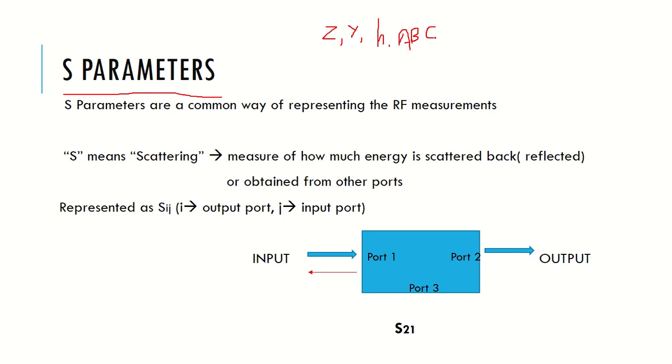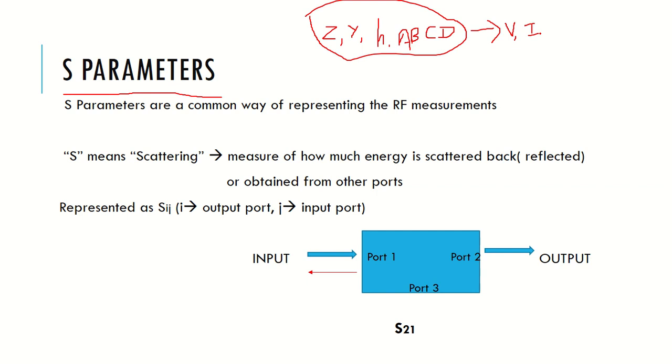Yes. We have studied the ABCD parameters. But all these Z, Y, H, ABCD parameters measure voltage and current as only one single term. We either measure the voltage and current at the input side as one quantity, or as a single quantity at the output side.